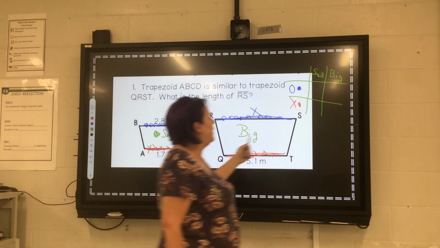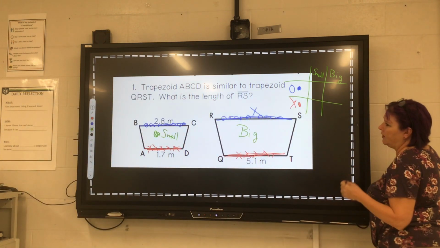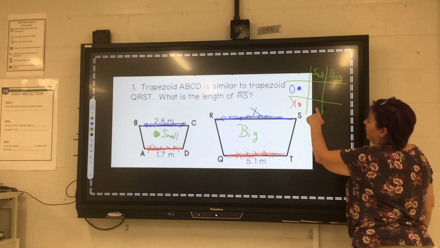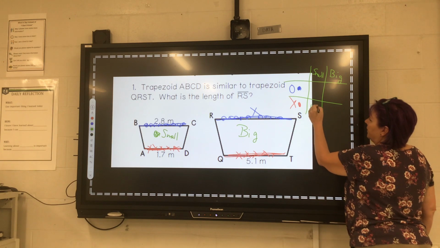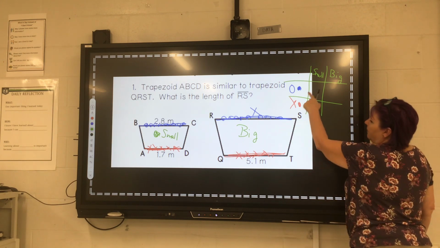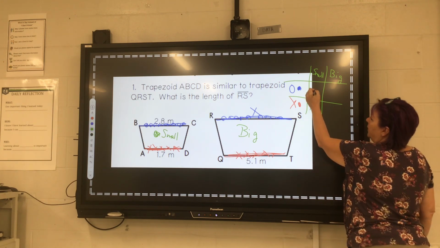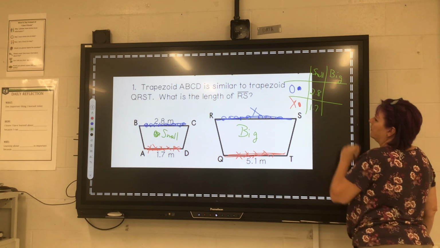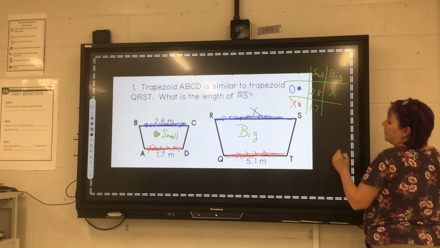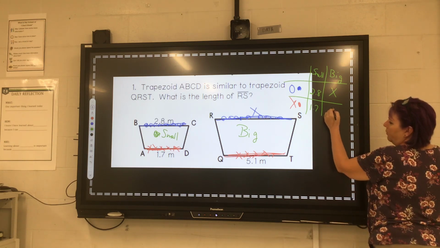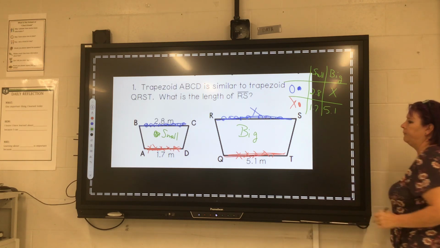Okay, so now I can go in and fill up my proportion table. So my red in my small one is 1.7. My blue in my small one is 2.8. My blue in the big one is X, and the red is 5.1.